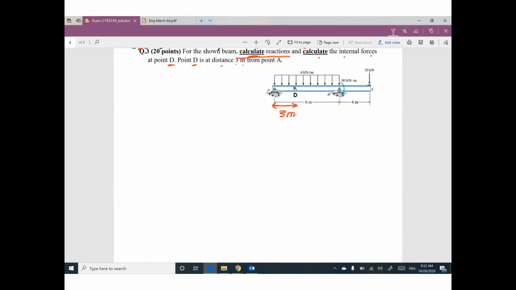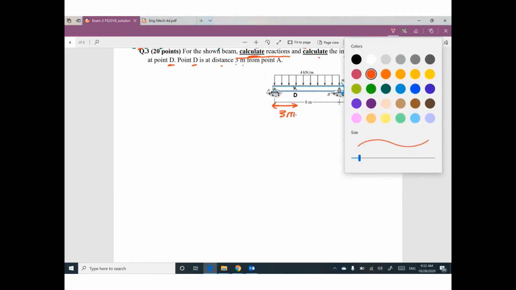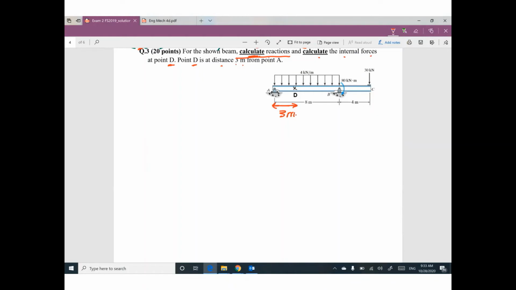Okay, first part, as requested by the problem, we are looking for reactions. A is a hinge, so we have YA, we have XA. B is a roller, so we have only one reaction, YB. Before applying an equilibrium equation, we have a distributed load. Until this moment, a few students still cannot work with the distributed load.